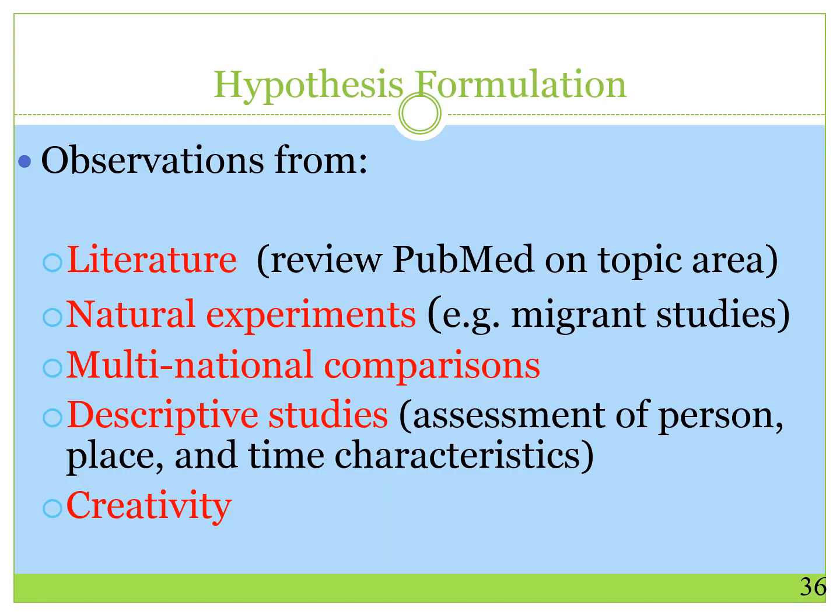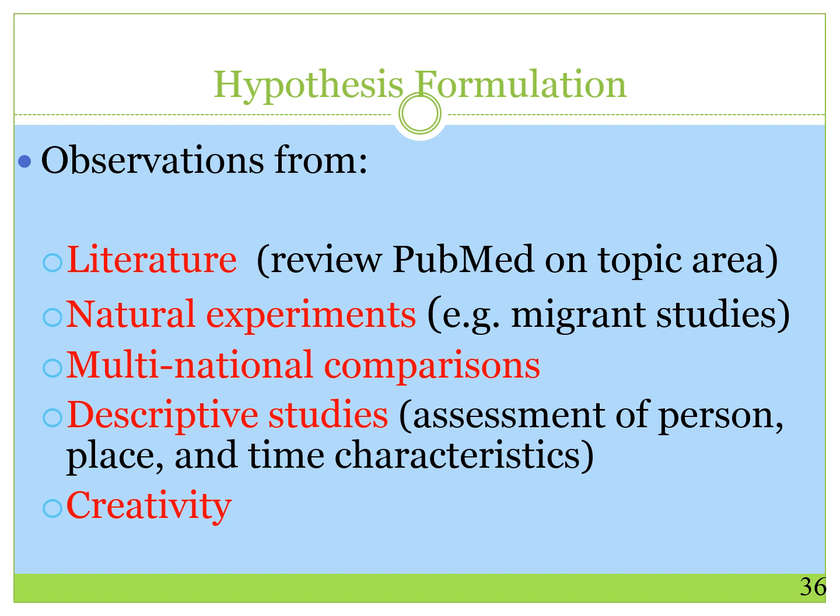So here are ways on how to formulate your hypothesis. Again, you must read a lot. It can come from natural experiments, like for coronavirus, the migration of people from Korea, Japan and China to other parts of the world might be the cause of the spread of coronavirus to other parts of the world.